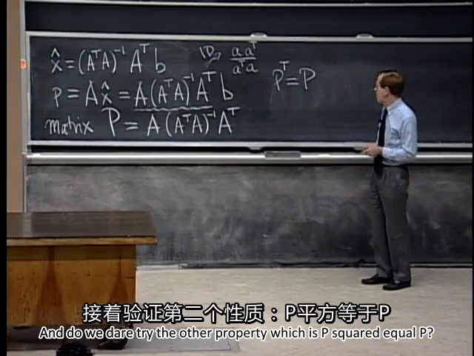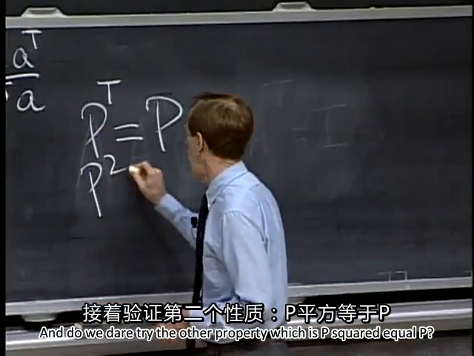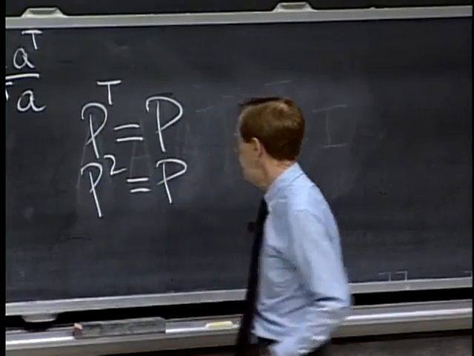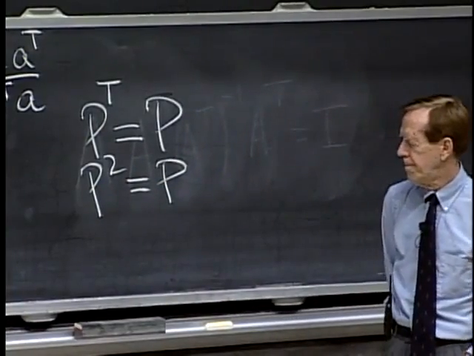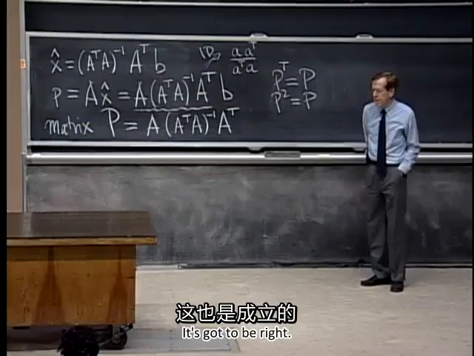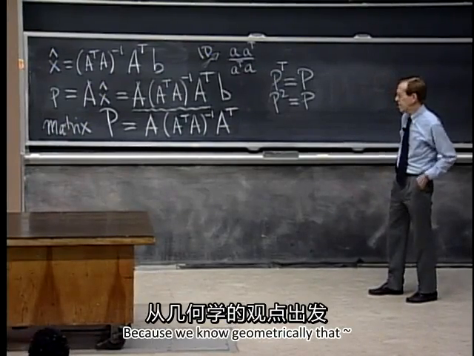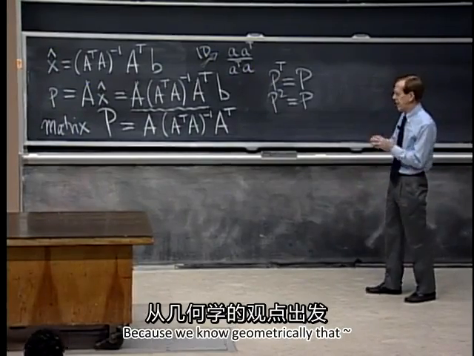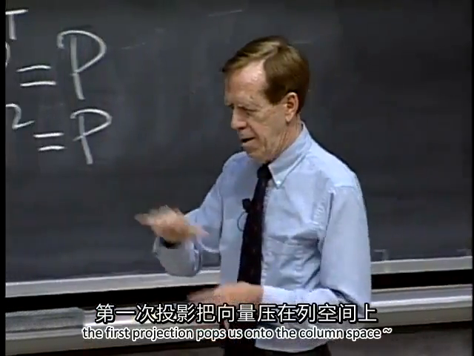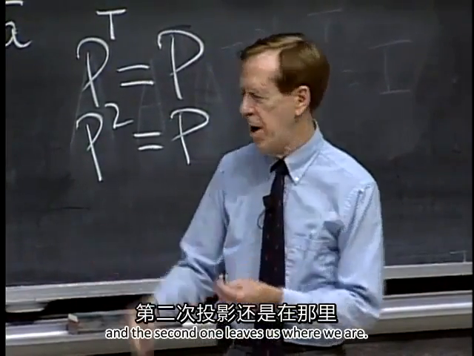And do we dare try the other property, which is P squared equals P? It's got to be right, because we know geometrically that the first projection pops us onto the column space, and the second one leaves us where we are.